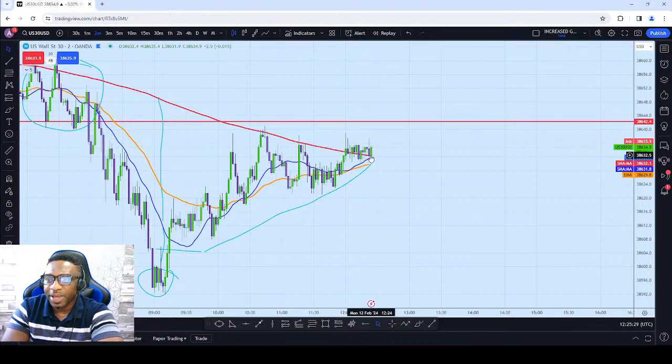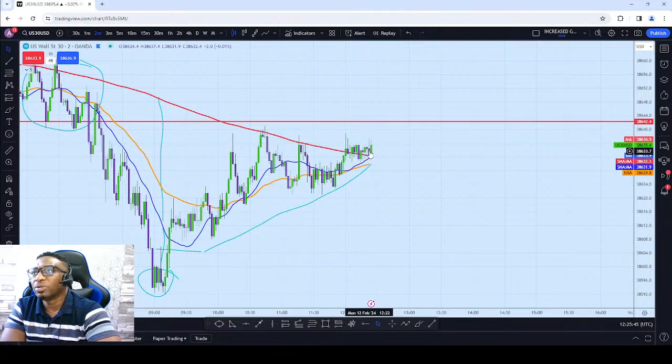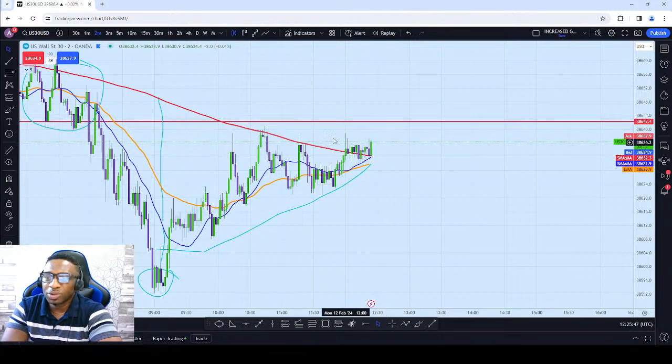From here, if it wants to continue going up as we have identified on the higher time frame, it will shoot up from here. As it is now, I'm tempted. It's just taking out this last purple candle. I'm looking out for the time. It's almost closing, so I'm going to take a buy entry here.